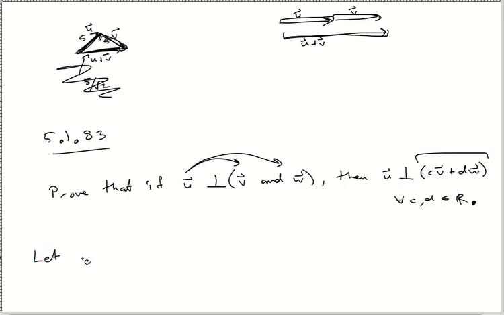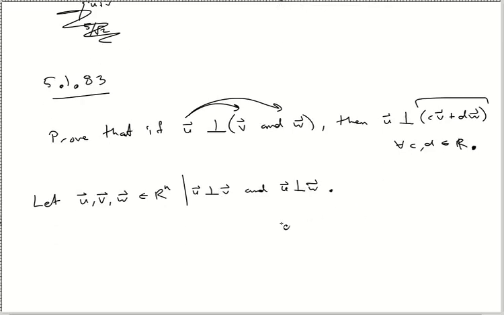I guess you can say, like, let me write it out more correctly here. So let U, V, W element of Rn, so they're vectors, such that U perpendicular to V and U perpendicular to W. So I think that's a little bit more clear than what I had written there, but regardless, there you go. So I'm perpendicular here, perpendicular here. Now are they perpendicular when you put them all together?